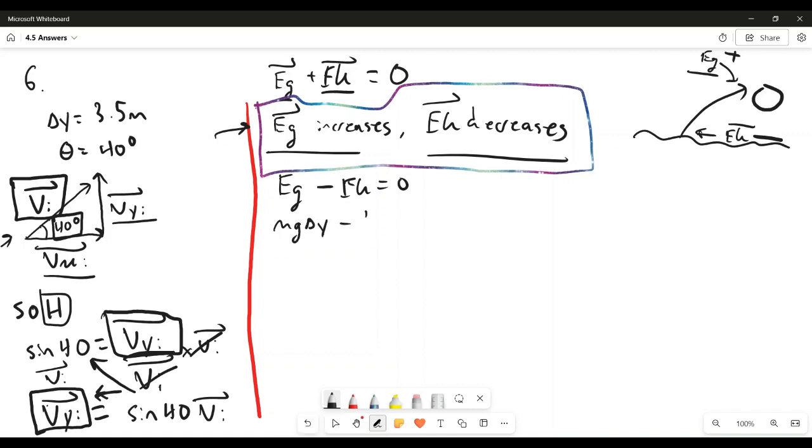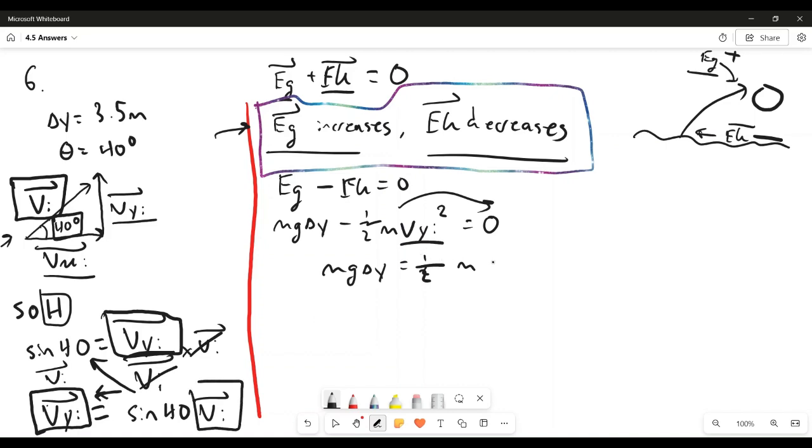We're going to expand, and bring this to the other side: 1 over 2 m. And actually, we don't need to find this. We need to find the resultant velocity.